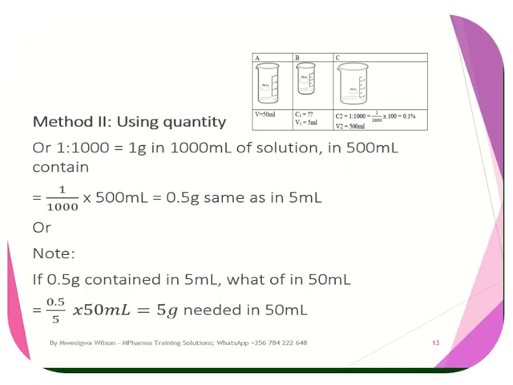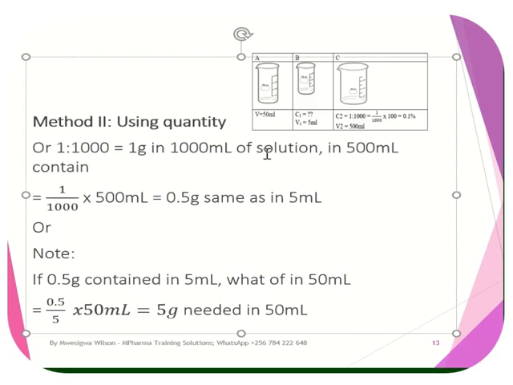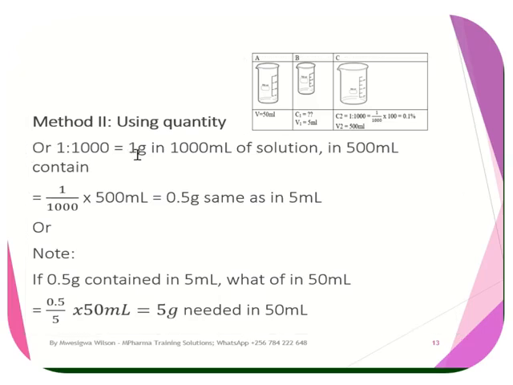Now, you can pause and then review. The same question can be answered using quantity. If I use quantity, it is always important to first convert to percentage. I used 1 gram, the ratio, sorry, but if you use percentage, you have the same answer.